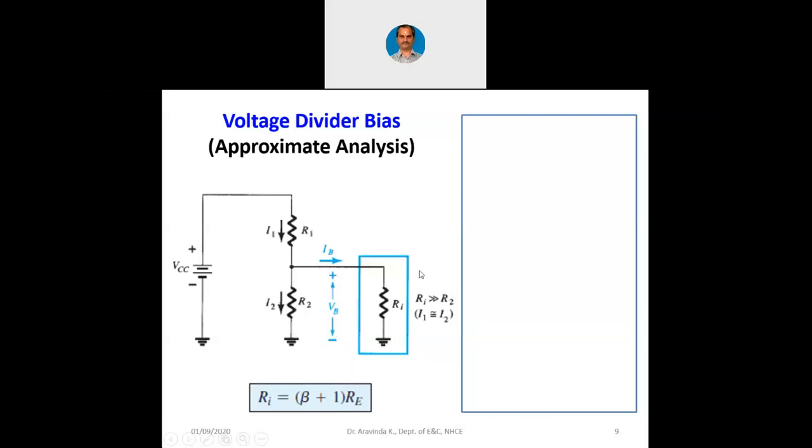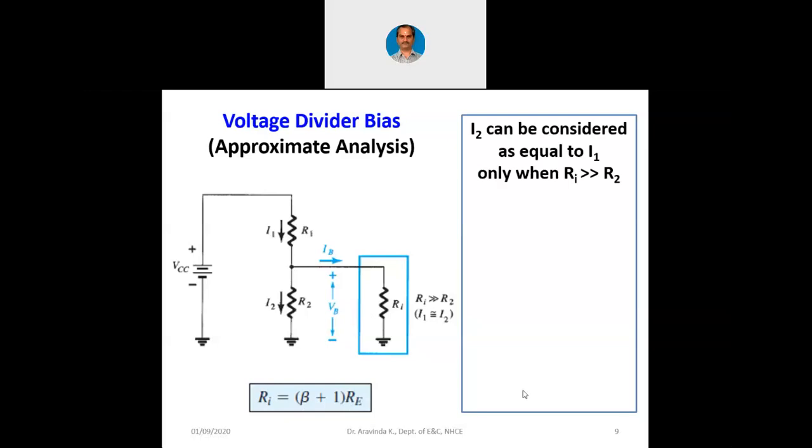So we can safely say that the input impedance of this transistor at the base is beta plus 1 into RE. In general, beta is always 60 or 80 or 100, sometimes 200, so it is large. And when it is multiplied by RE, the value of Ri is going to be much larger than R2. That way we can ignore this IB.